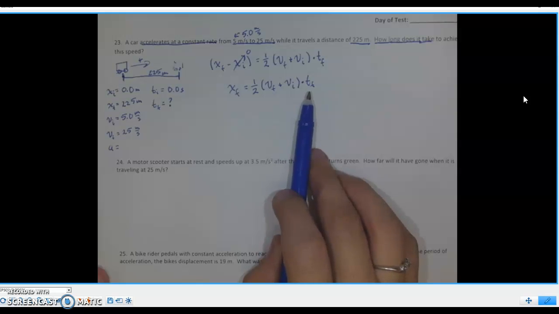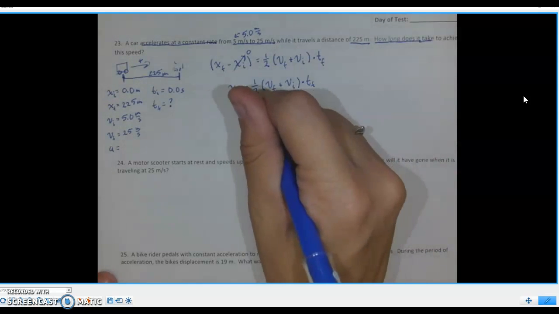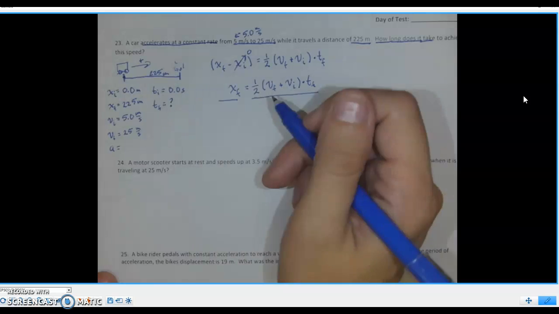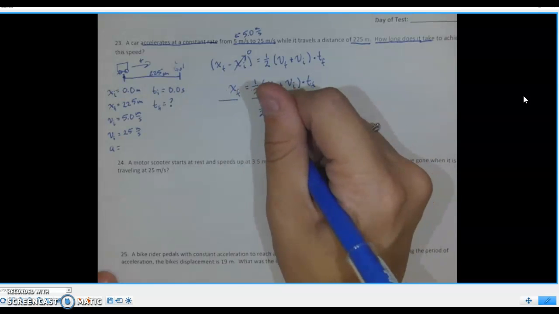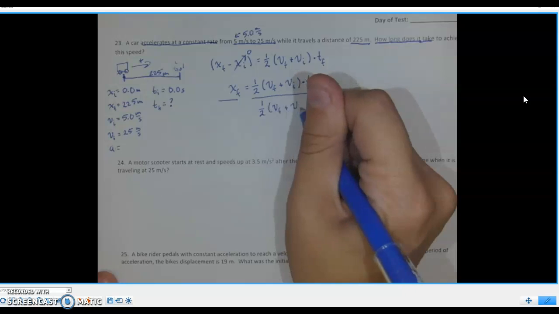So to isolate t final, I can divide both sides by 1/2 velocity final plus velocity initial.